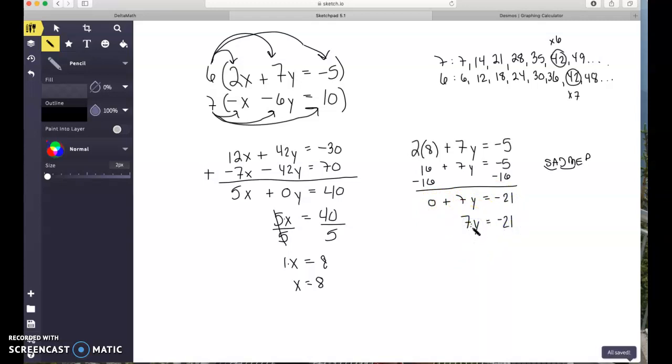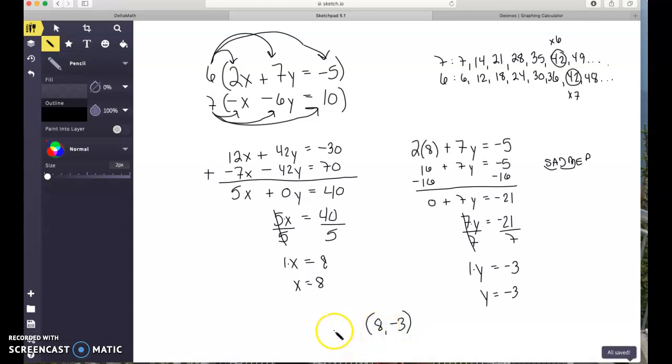I want to get y by itself. That 7 is being multiplied by my y, so the opposite of multiplying is dividing. If I do it to one side of my equal sign, I have to do it to both sides. 7 divided by 7 is 1y equals negative 21 divided by 7 is negative 3, so y equals negative 3. So my final answer would be 8, negative 3.